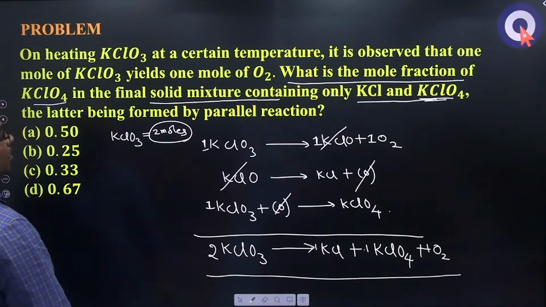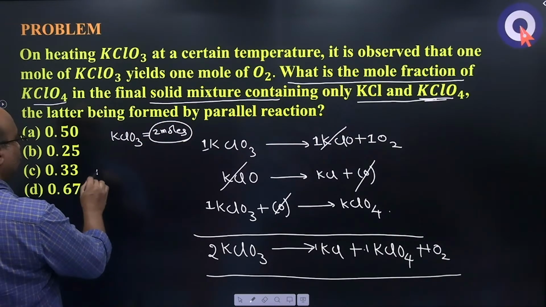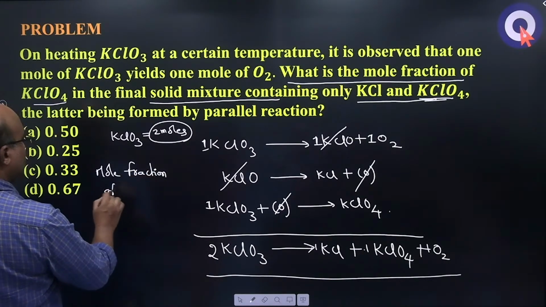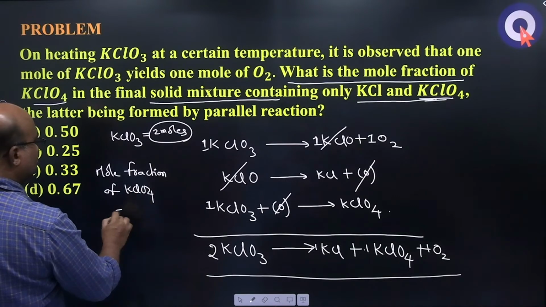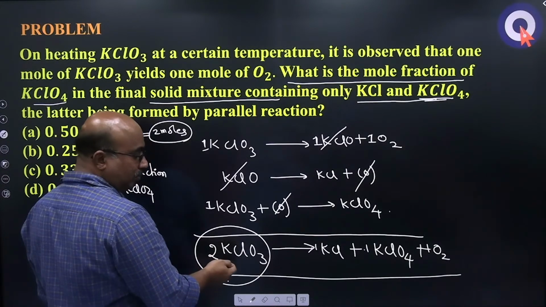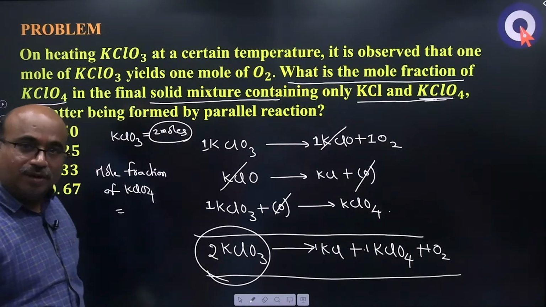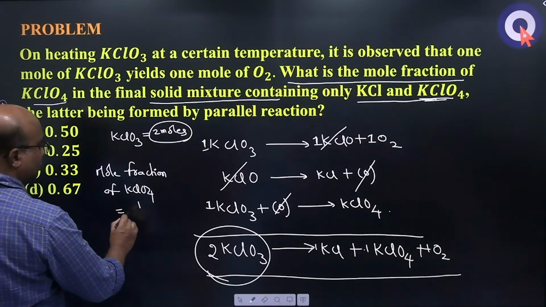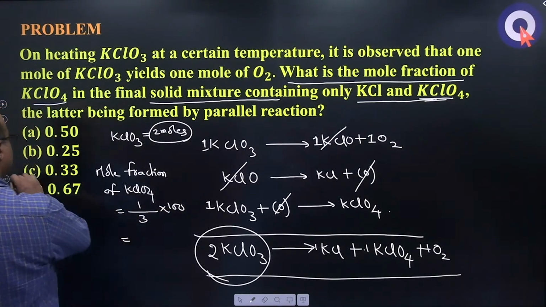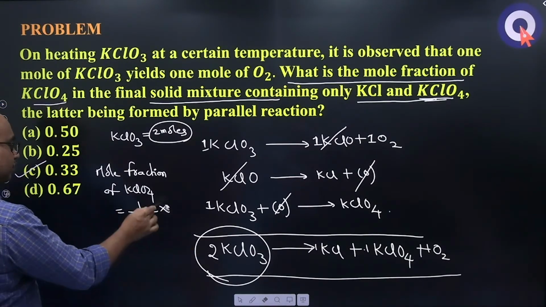So what is the mole fraction of KClO4? Initially we started with 2 moles, but we got 1 mole of this, 1 mole of this and 1 mole of this. So totally 3 moles exist. So the number of moles of KClO4 by total, into 100 for percentage.